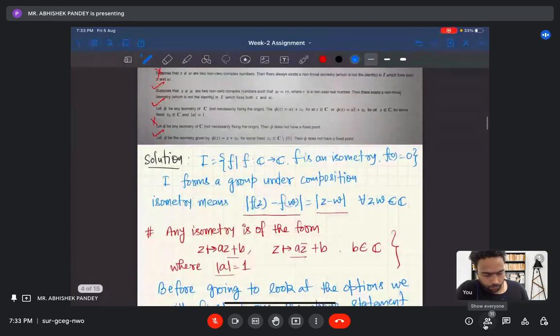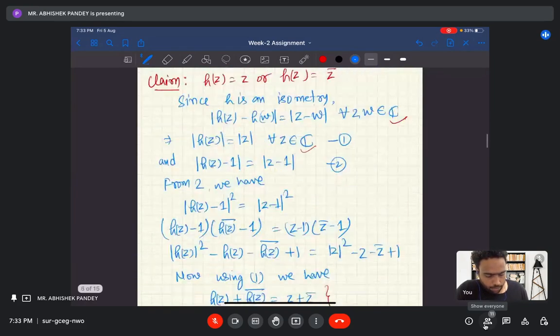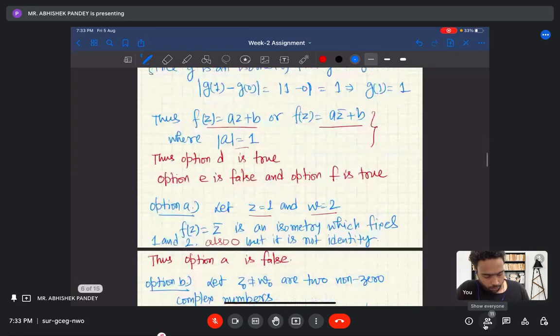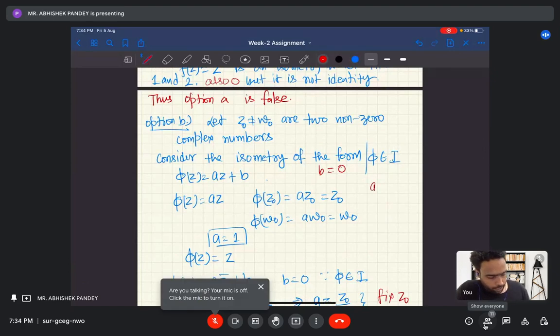Now if you look at option B, suppose that z is not equal to w are two non-zero complex numbers, then there always exists a non-trivial isometry in I which fixes both z and w. I have given this in a general form. So we only have isometries of the form az plus b and a z bar plus b.